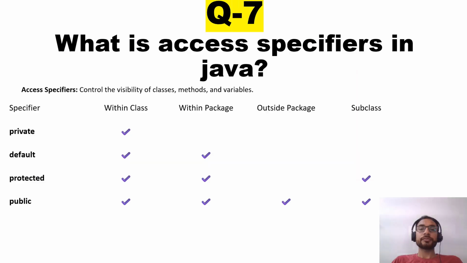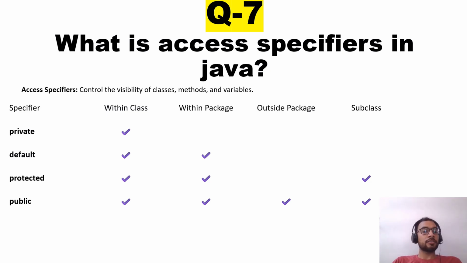Next, what are access specifiers in Java? Access specifiers control the visibility of classes, methods, and variables. Private: we can access within the class only; within the package not possible, outside the package not possible, subclass not possible.